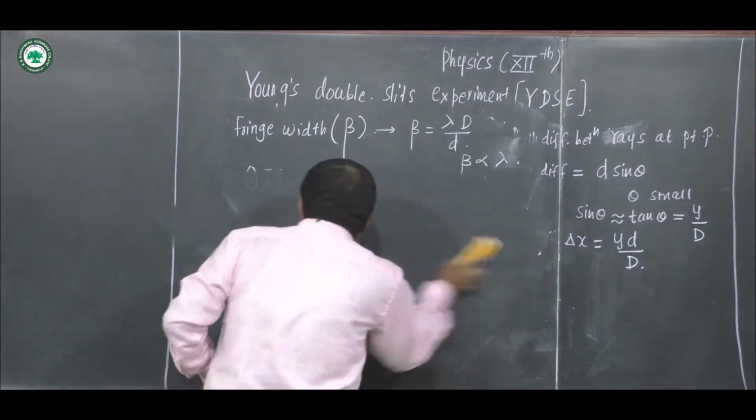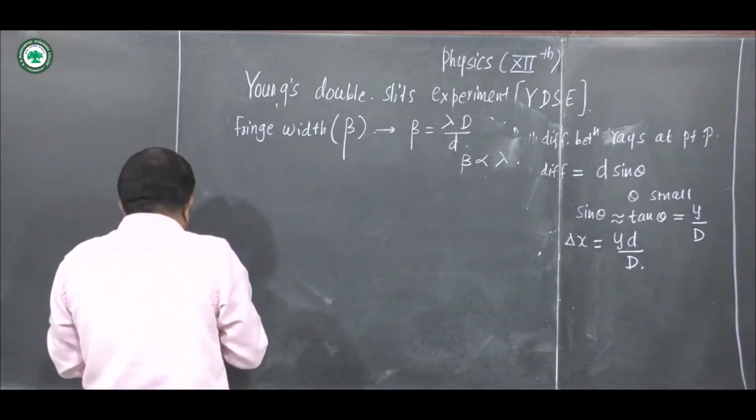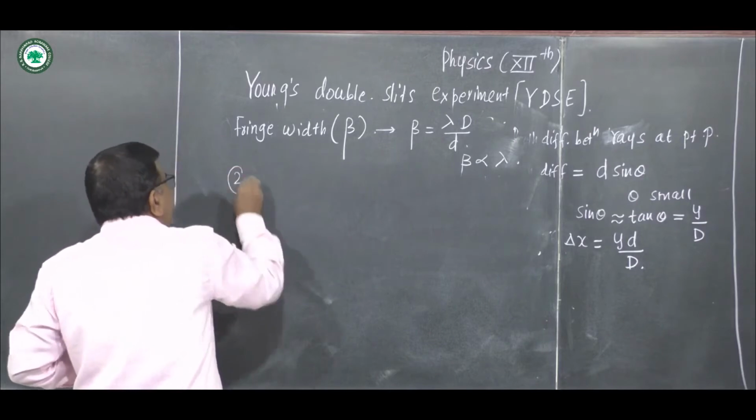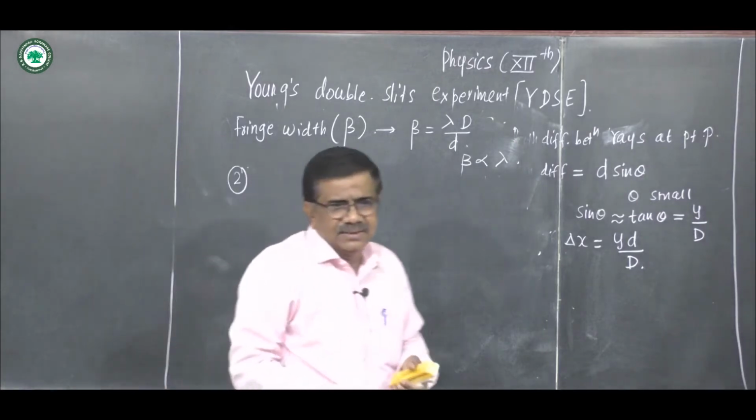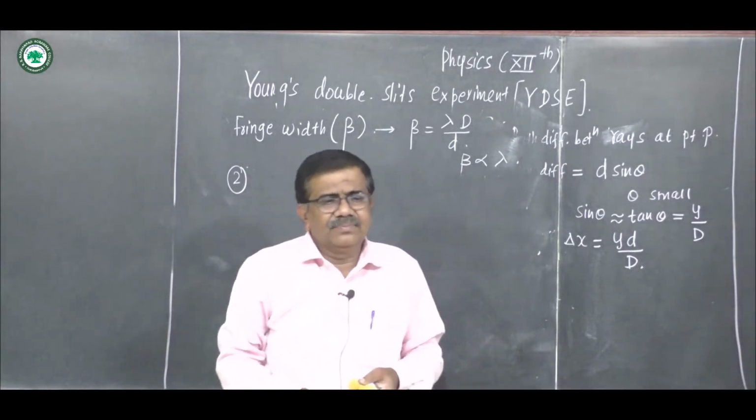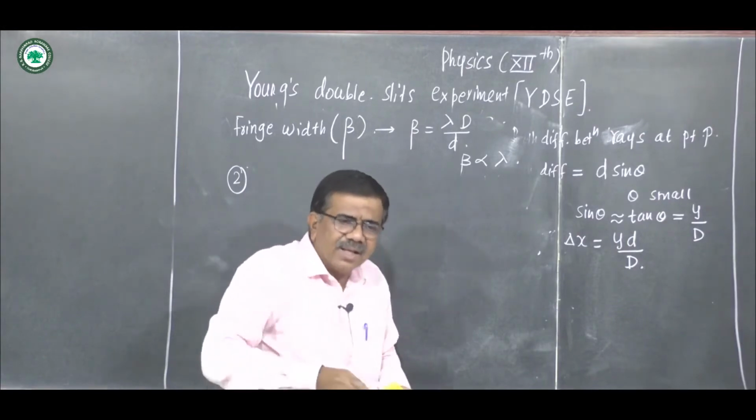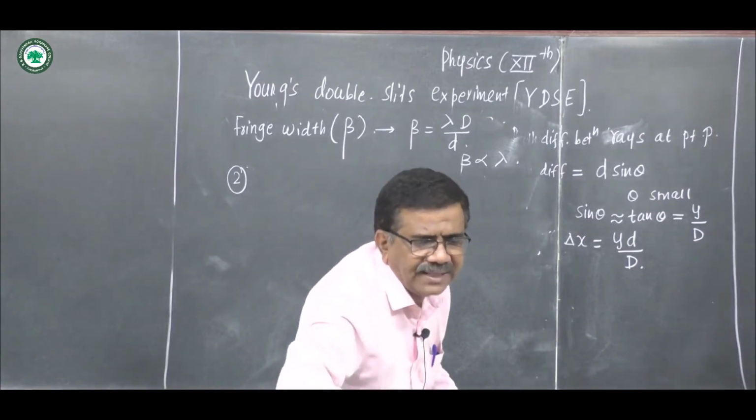Second important conclusion here is, in Young's double slit experiment we use monochromatic light, that is the light of single wavelength.